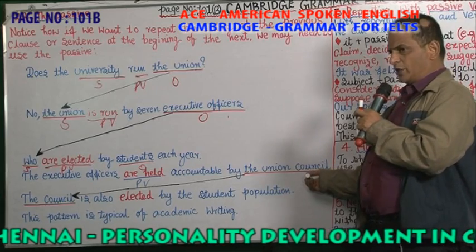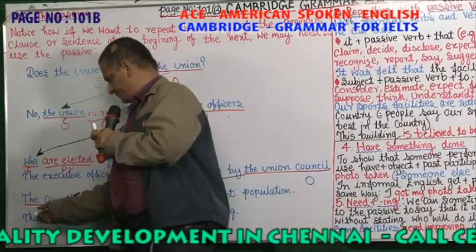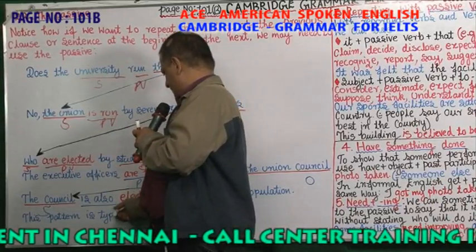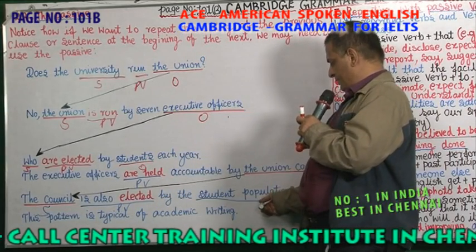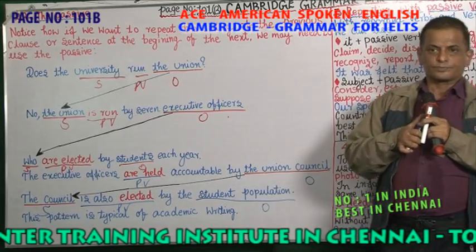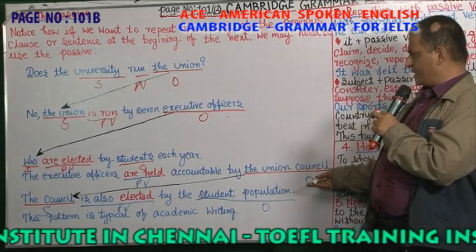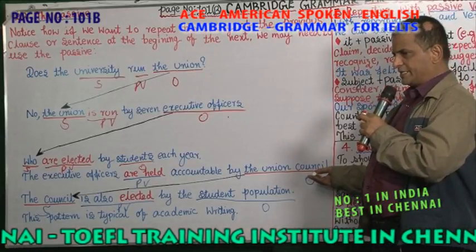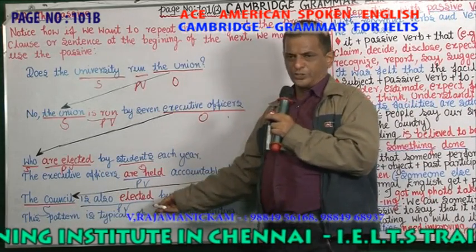Then when you want to mention the council, this council becomes the subject. Is also elected becomes the passive verb. Student population becomes the object. You got it? Here, by the union council is the object. And when you want to mention the object of the previous sentence in the next sentence, it becomes the subject. Then you are using passive voice.